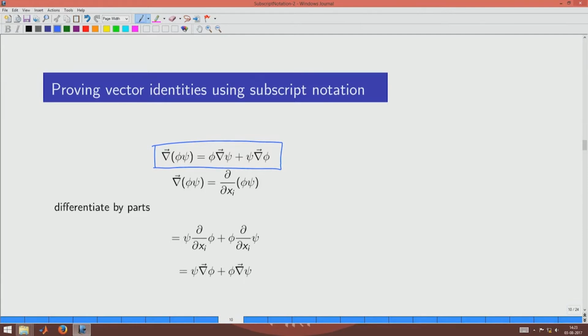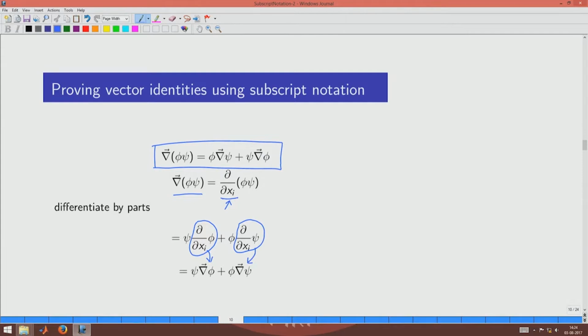First, we take the left hand side and write it in terms of the subscript notation, and so the nabla operator is going to be written in this form. Once this is done, we differentiate by parts, because this is a differentiation operator. When we differentiate by parts, first you can take the psi out to differentiate phi, and then take the phi out, differentiate psi, and then we realize that we have terms that we can again bring back into the vectorial notation, and that is what we have done here.